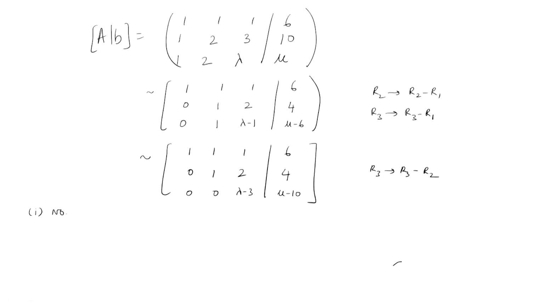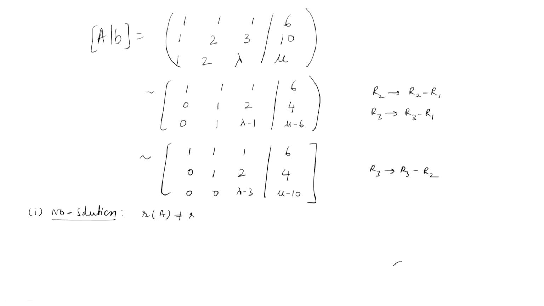Now, first is no solution. For no solution, rank of A should not equal rank of the augmented matrix, or we can say that rank of the augmented matrix will always be more than rank of A if it is having no solution.